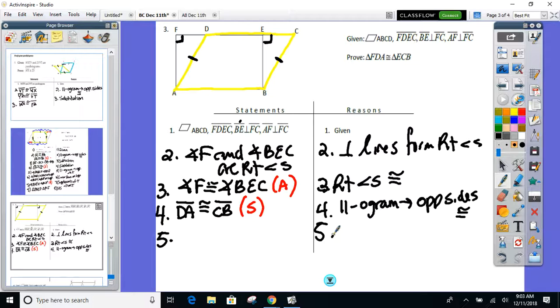What are your corresponding angles there? Explain, young one. FDA and ECB. Okay, everyone take a look.